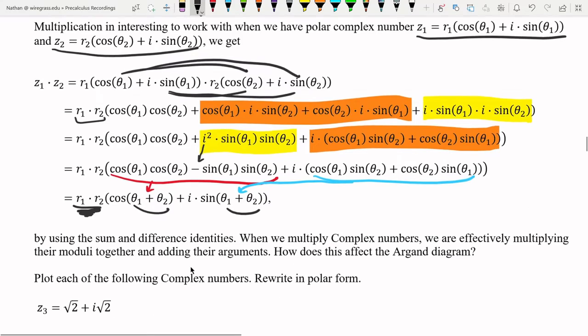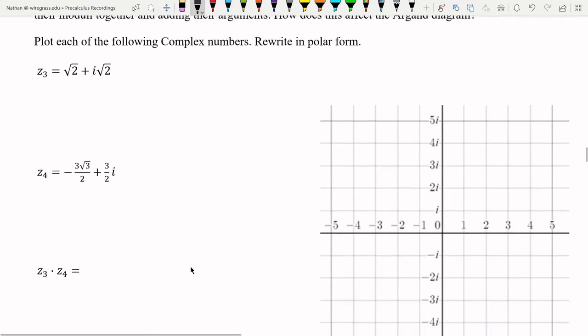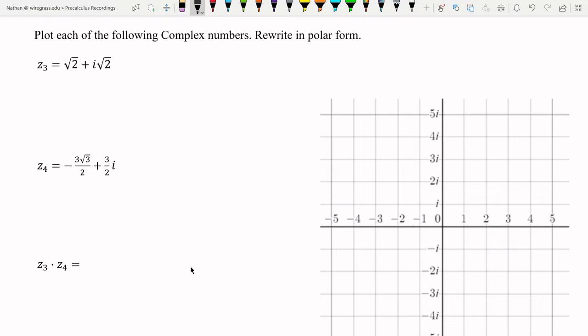Now, let's look at this on the complex plane. So here we have two complex numbers that are written in rectangular form. So let's write this in polar form to see what we get when we multiply it. So r equals the square root of x squared plus y squared. The square root of this is going to be 2 plus 2 is 4. That's just going to be 2.